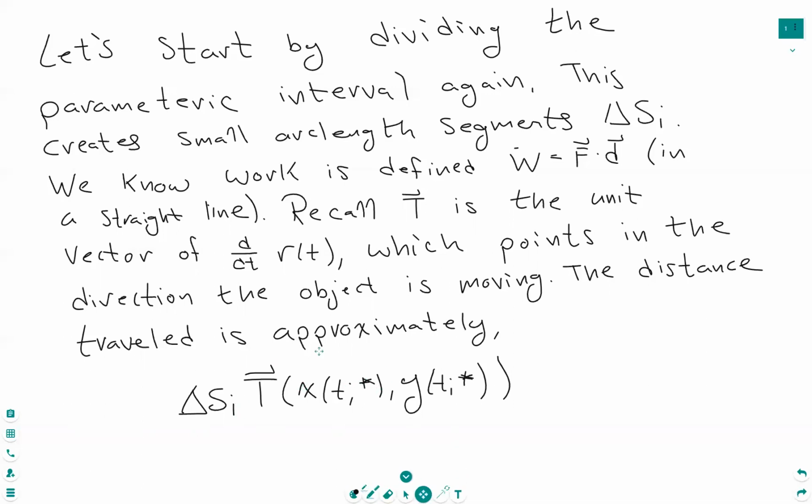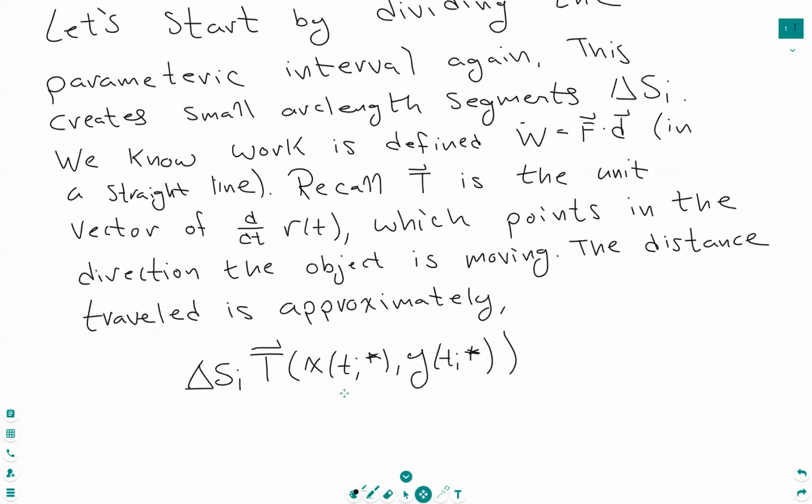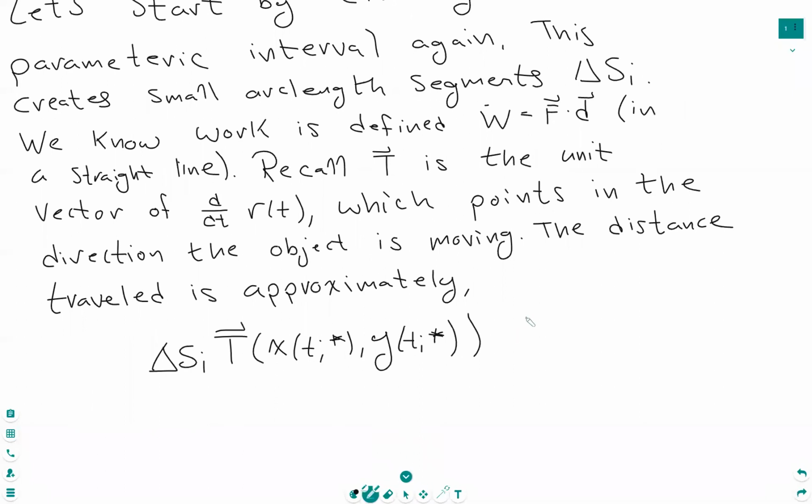So this gives us a distance vector. Now remember, we're on our little subinterval, so t_i star, this evaluation time, is just somewhere in that small little segment.